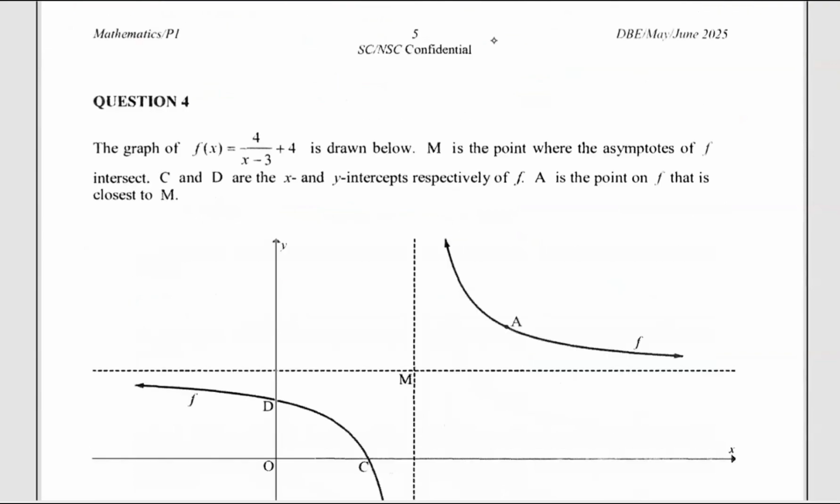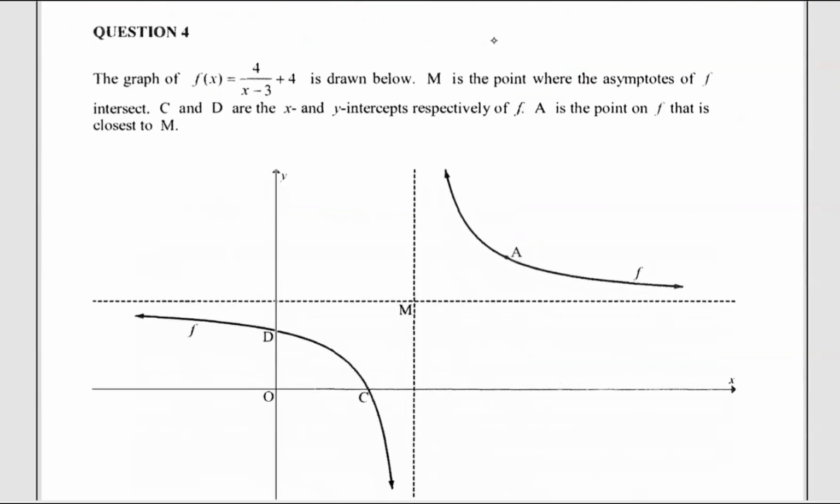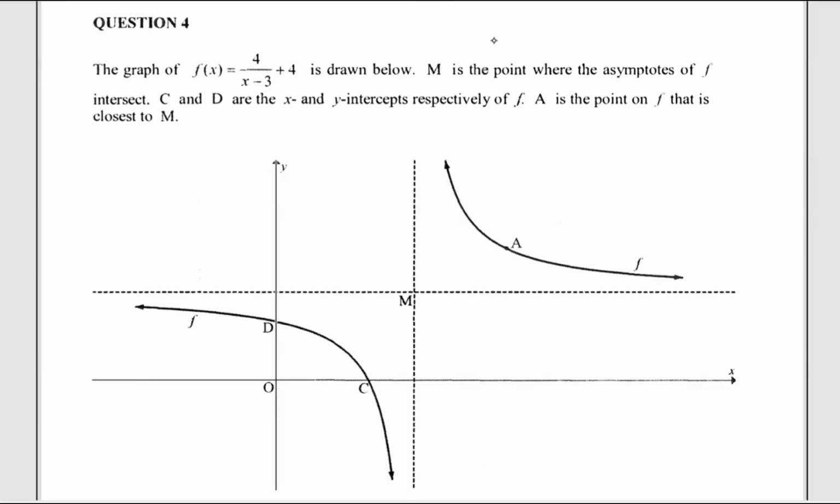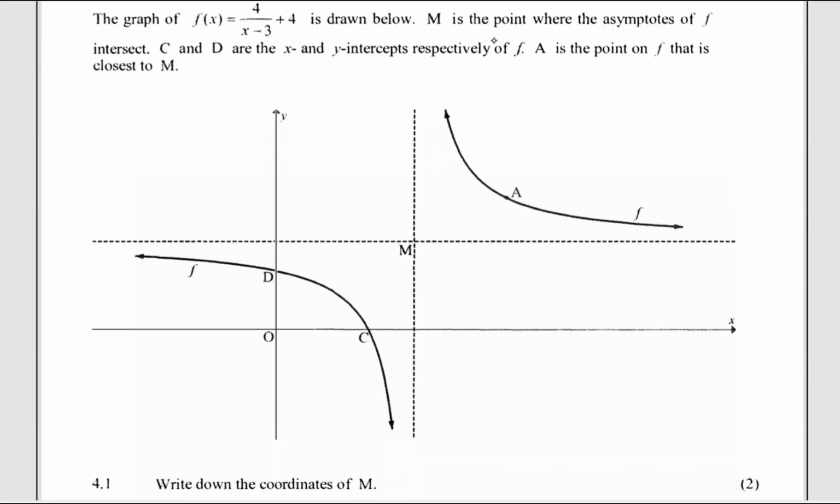Then question number 4, which is the functions, is being told that the graph of f of x, which is 4 over x minus 3 plus 4, is drawn. M is the point where the asymptotes intersect. C and D are the x and the y intercepts respectively. And A is a point on f such that M is the closest point.